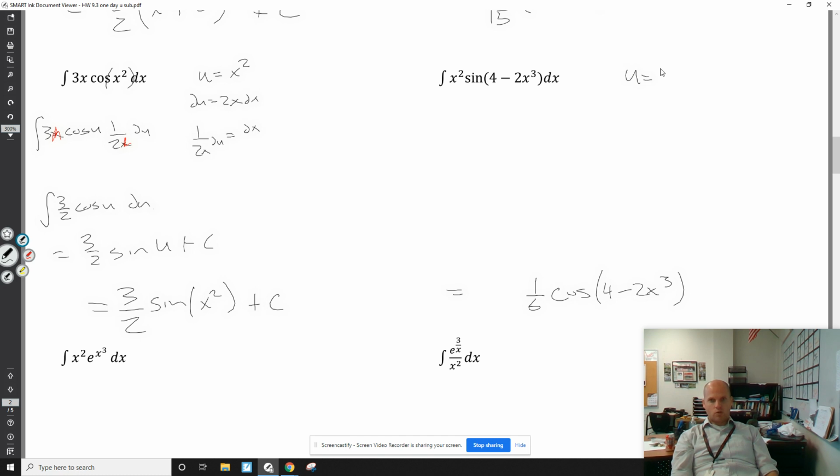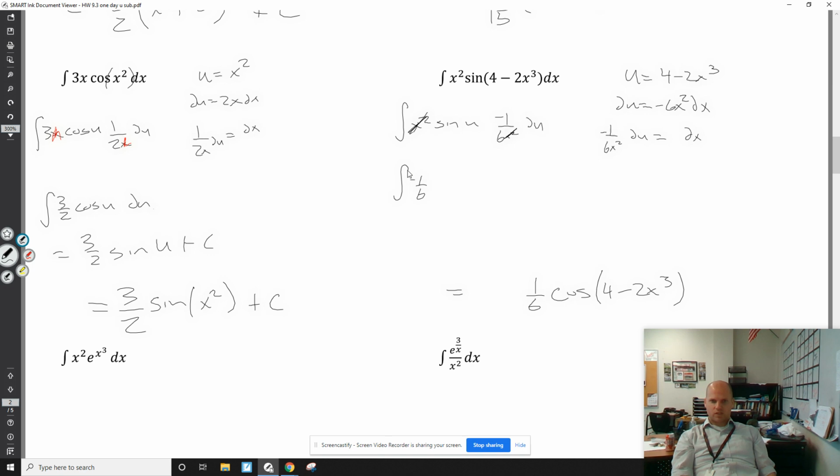Let's see. U equals 4 minus 2x cubed. Du equals negative 6x squared dx. Negative 1 over 6x squared du equals dx. And I got x squared sine u, negative 1 over 6x squared du. The x squareds cancel.